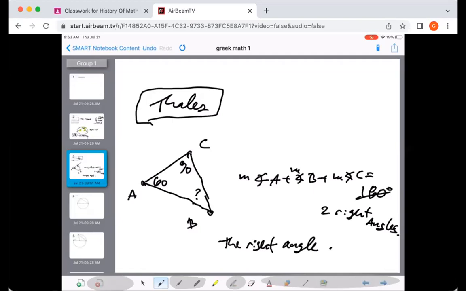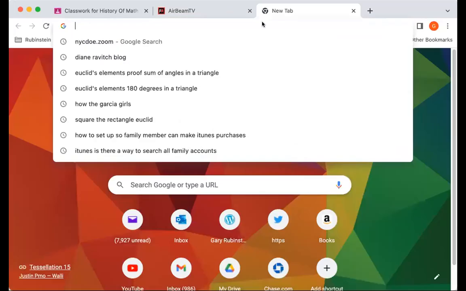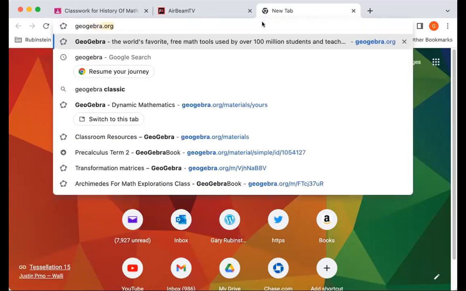Now, let me see if I can bring this up. There is various software for studying geometry. One of the best ones is called GeoGebra.